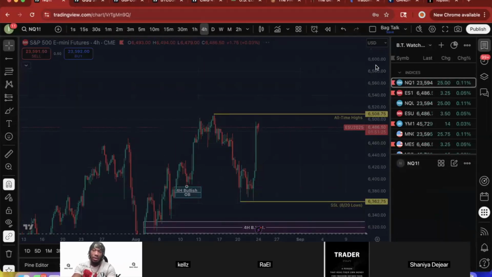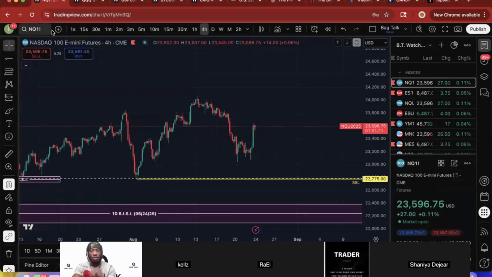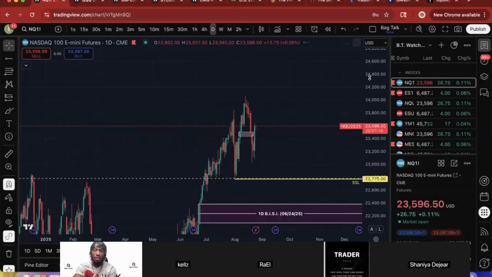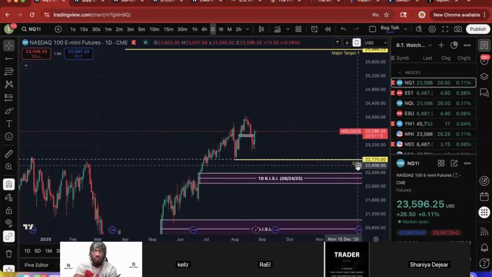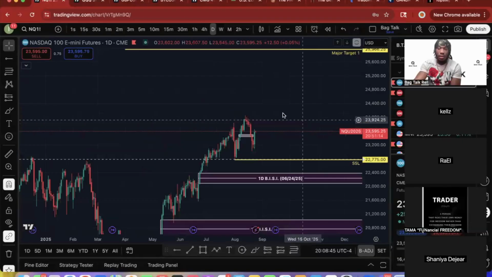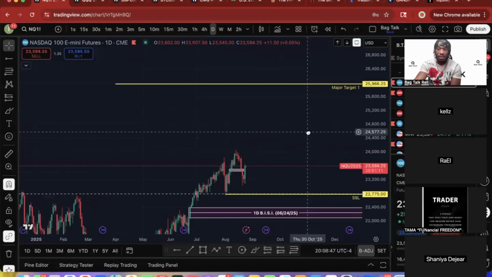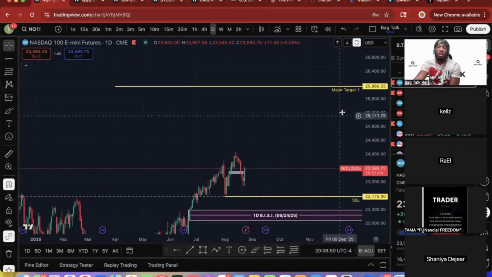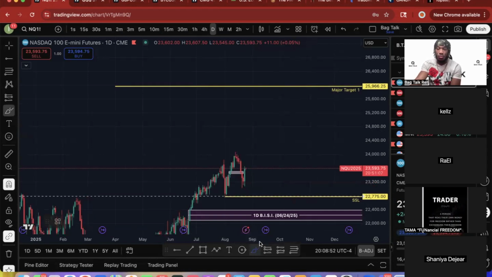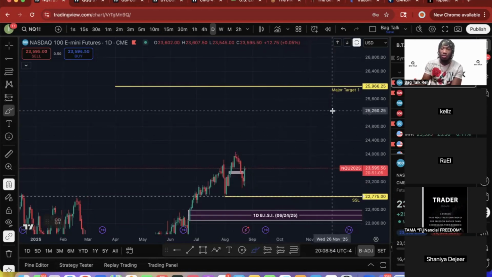Now, as far as my NQ1 chart, and I say NQ1 because, actually, never mind. Either way, right now I prefer to give these projections on QQQ because QQQ doesn't change like how futures charts change. My futures traders know what I'm talking about.